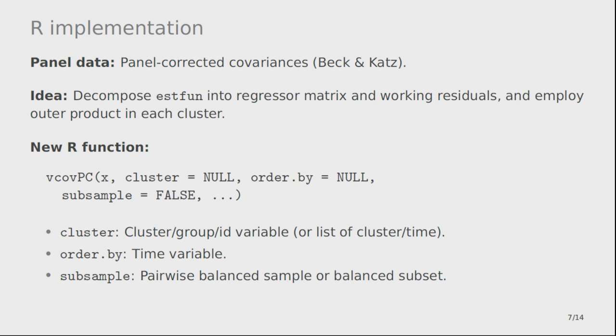I will not go into details here. The cluster and order.by arguments have the same meaning as in vcovPL. And then we have a subsample argument, because estimation in balanced panels is straightforward. But in the unbalanced case, the subsample argument allows you to choose either a pairwise balanced sample or a balanced subset of the data. Details can be found in Bailey and Katz, for example.